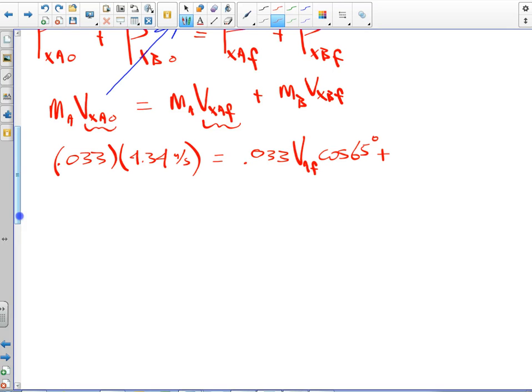Plus B's mass, 0.066, times, same argument, B's final velocity, not its x component, times the cosine of 37 degrees. Now, it's a good time to make a note of this. That's cosine of 37 degrees.